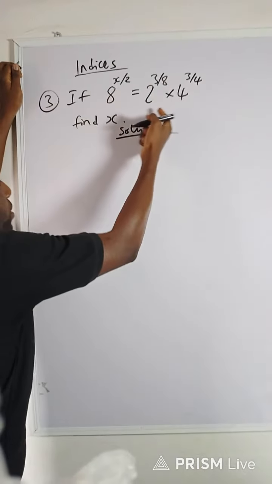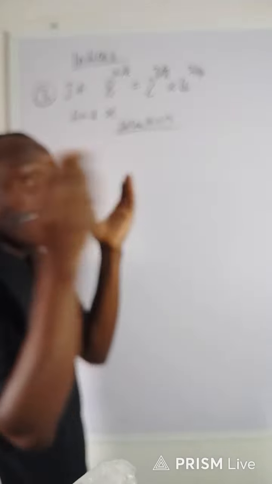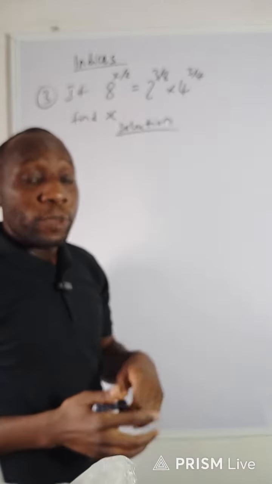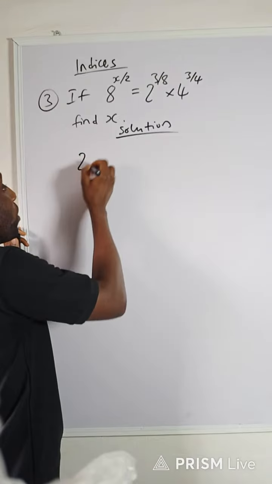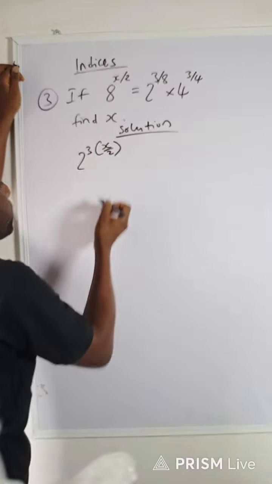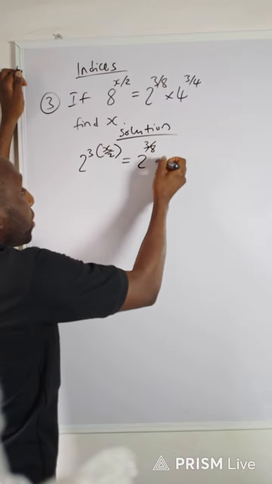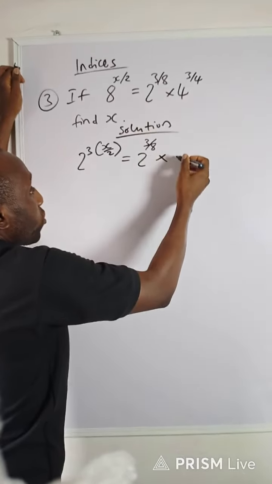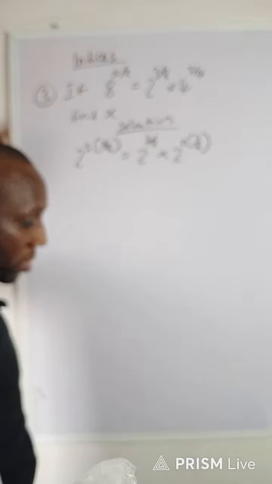So they must all have a common base of 2 if we want to equate the exponent. 8 can be expressed as a power of 2. We are going to write 2 raised to the power of 3 times x over 2 is equal to, this is already 2, so leave it like that. What about this? 4 is 2 to the power of 2, or we have 3 over 4, right?